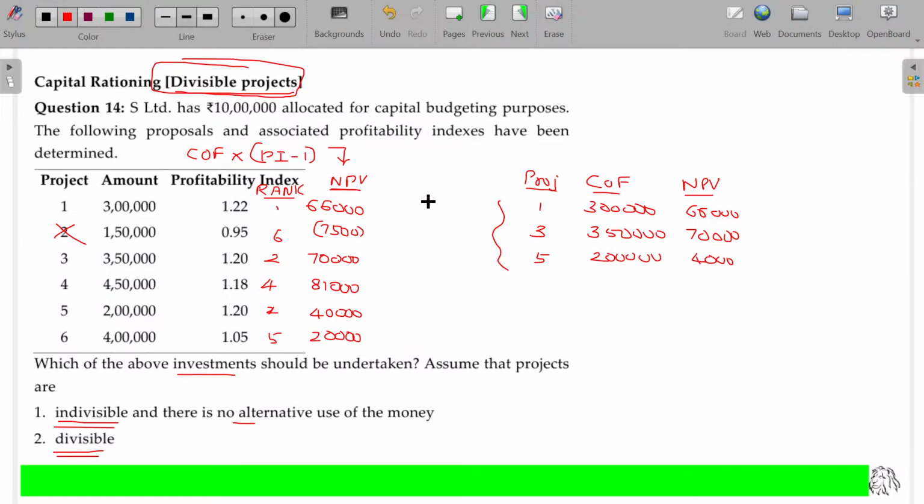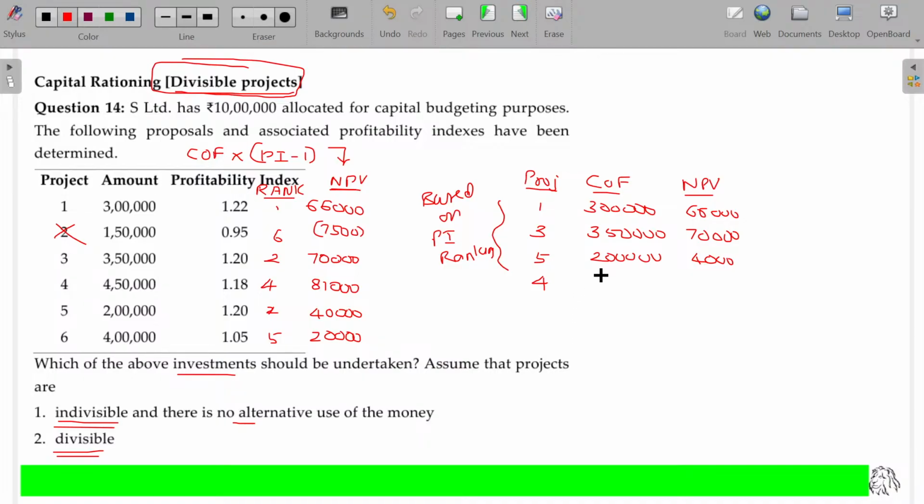This is chosen based on PI ranking. The next one is the 4th rank, project 4, which can be chosen. We have spent 8.5 lakhs. Still, we are left with only 1.5 lakhs. Can I invest that 1.5 lakhs in project 4? Yes, of course. Project 4 requires 4.5 lakhs, but the project is divisible, so to the extent of the money I have, I can invest.